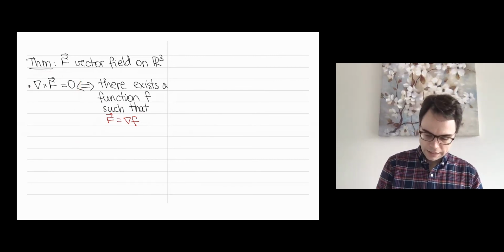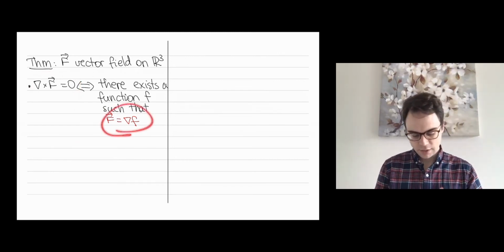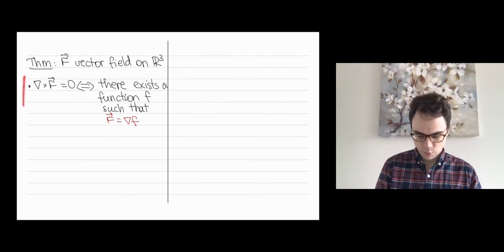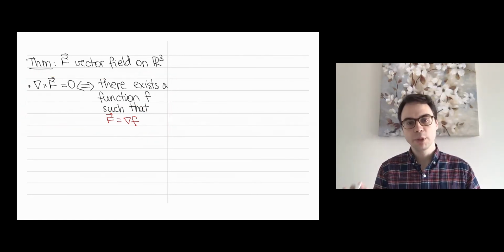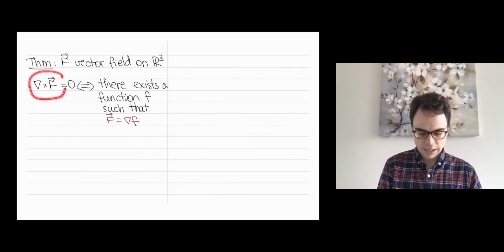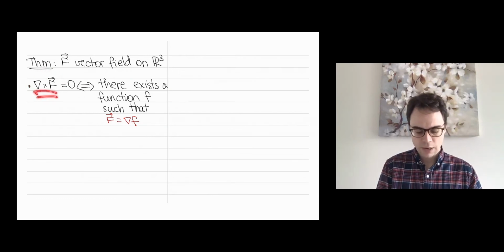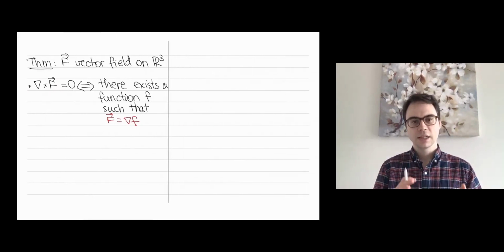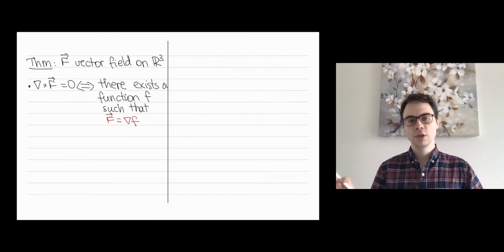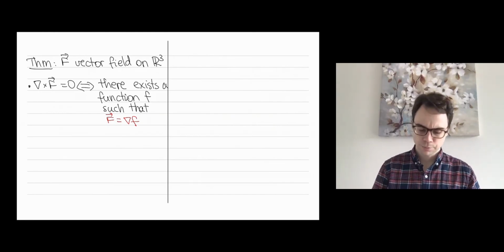And this is familiar. I had mentioned this before, but using a different language. Instead of saying that the test was that the curl is 0, I said that the test was that we had three equations between the partials that had to be true, right?